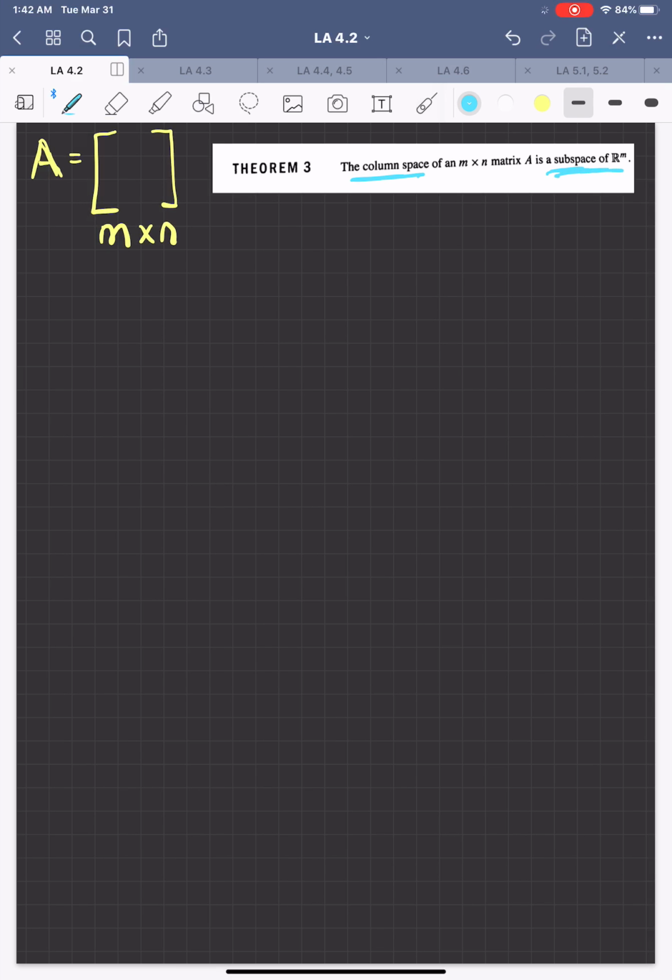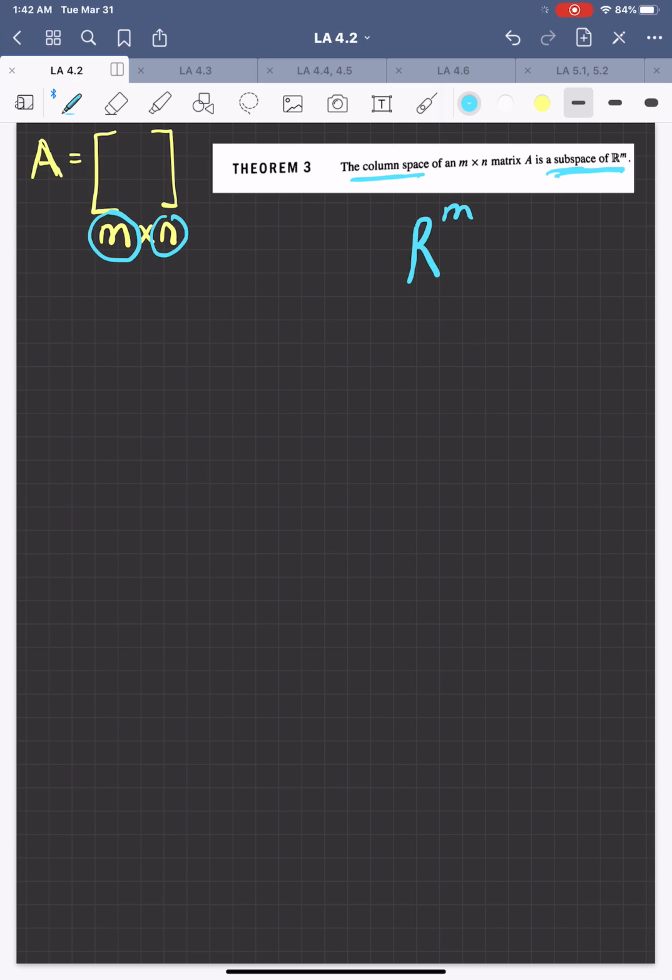A subspace of Rm. Now, maybe you're sitting here thinking, wait a minute, that doesn't make any sense. If you're thinking there's n columns, but there's m rows, why would the column space be dealing with Rm and not Rn? Maybe that's your question.